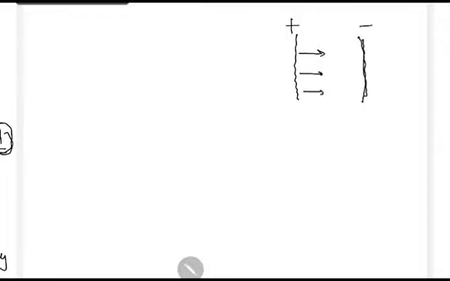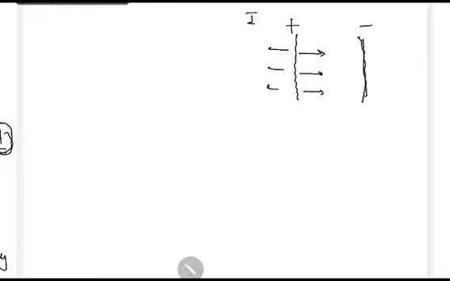So these are the two plates of the capacitor. We said that this is the positive plate and this is the negative plate. Now we know that the electric field is there due to the positive charge, and the direction of the electric field is radially outward from the positive charge. Because this plate contains positive charge, it has its electric field, and the direction of the electric field is like this, and in this region it is like this.